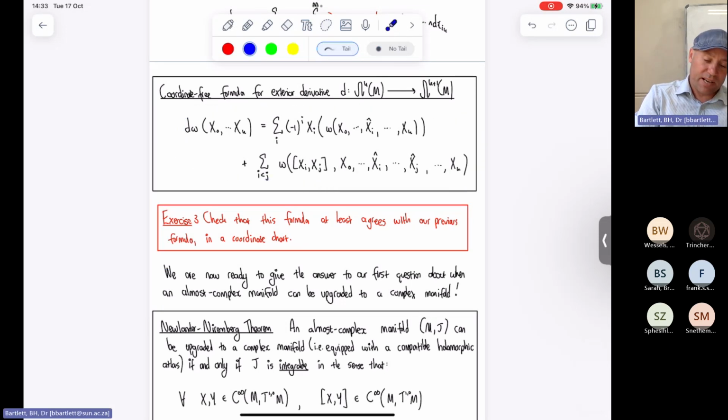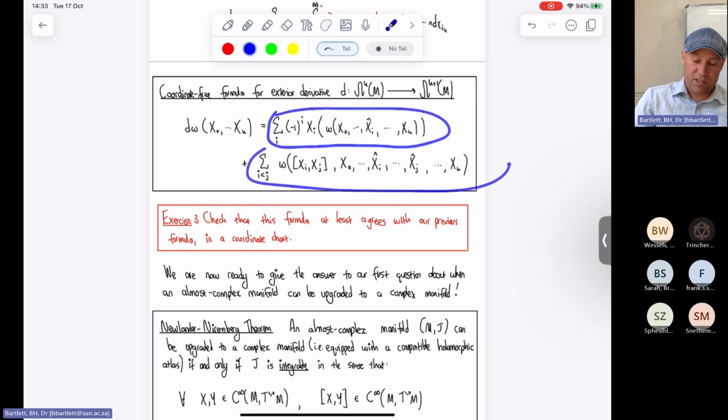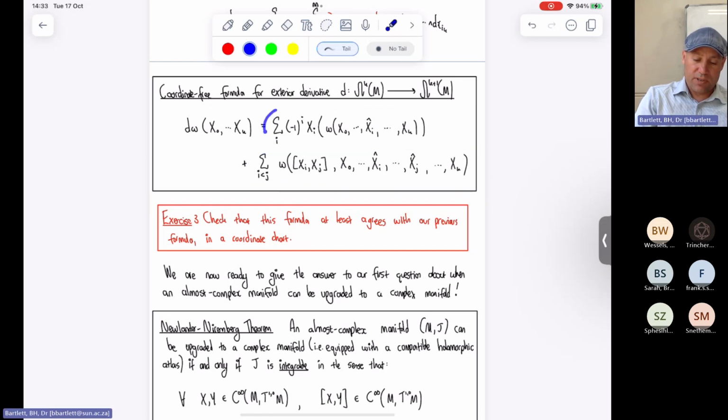So I'm applying this now to the case of a 1 form. So it tells me that d omega is going to be a 2 form. It's going to eat up a pair of vector fields. And the way I have to calculate it is I'm going to get this contribution plus this contribution. So let's do this first contribution. I have to sum over the number of vectors that I have. I've got 2 vectors.